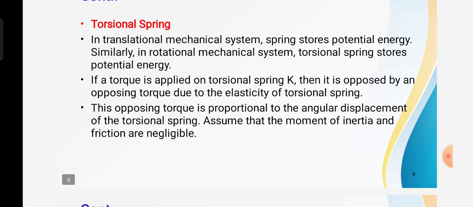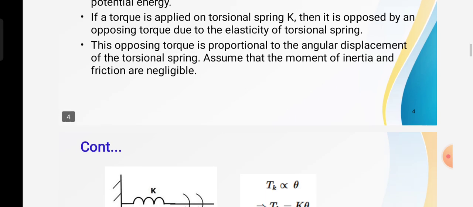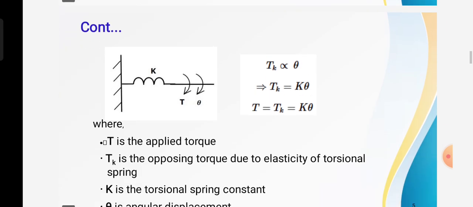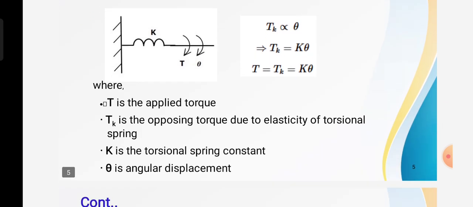Second, the torsional spring. In a translational mechanical system, the spring stores potential energy. Similarly, in a mechanical rotational system, the torsional spring stores potential energy. Now consider the ideal elastic element, the torsional spring shown in the figure, which has negligible moment of inertia and friction.